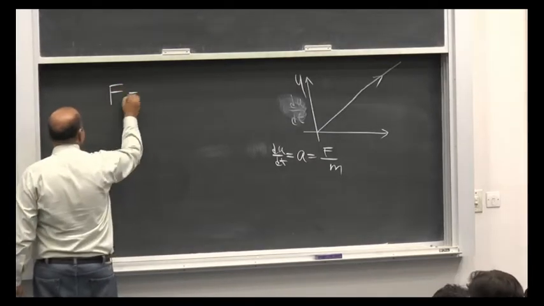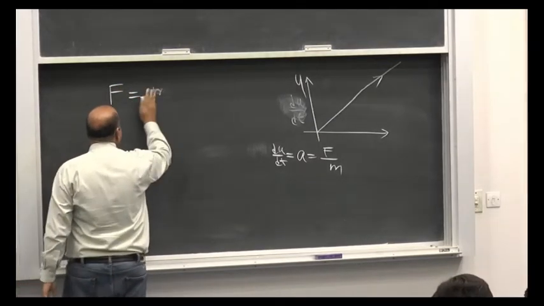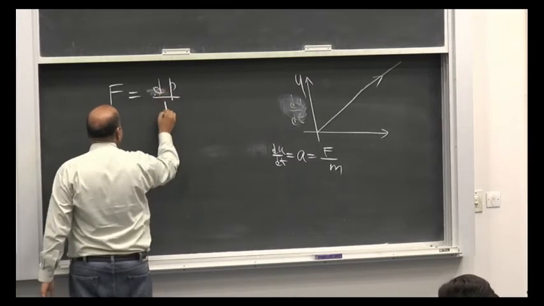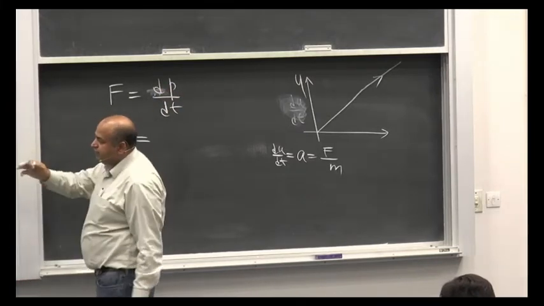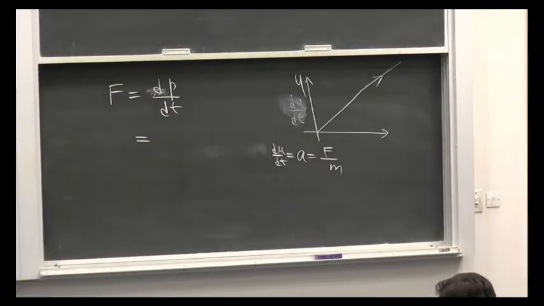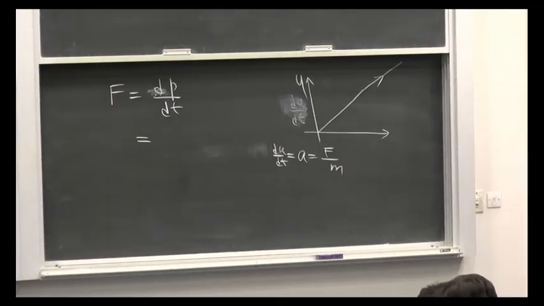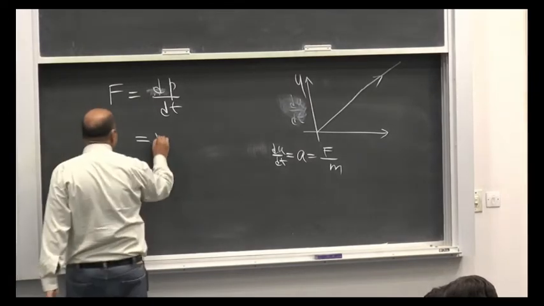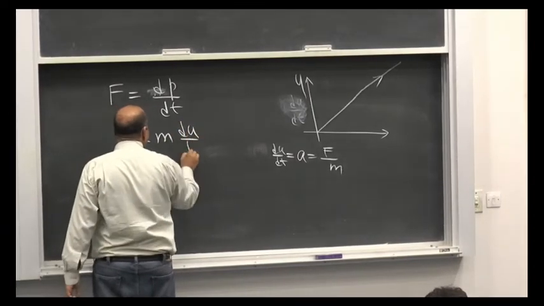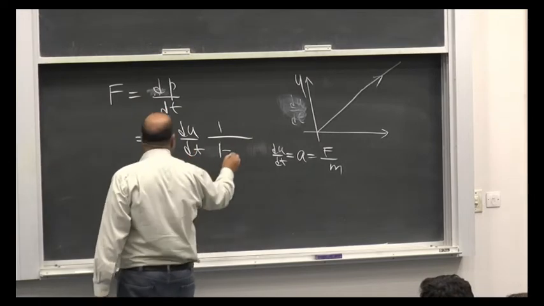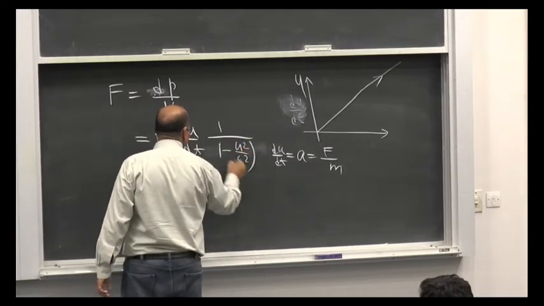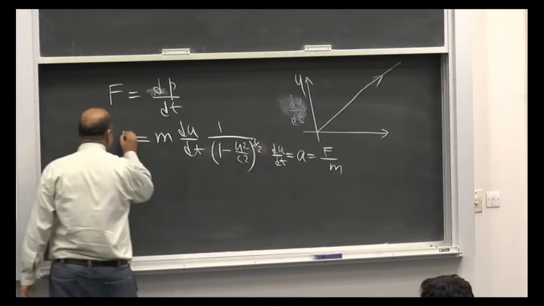F is equal to dp by dt, and dp by dt is what we had found earlier. Okay, so here it is. M du by dt times 1 over (1 minus u square over c square) to the 3 by 2. This is that.